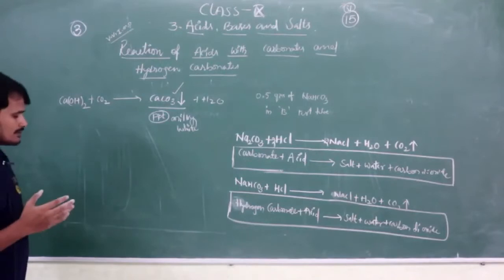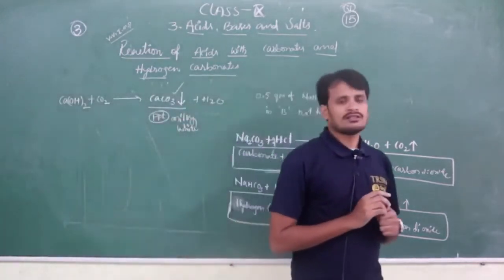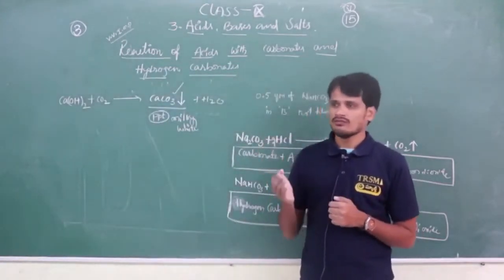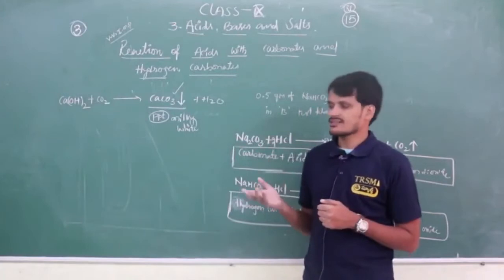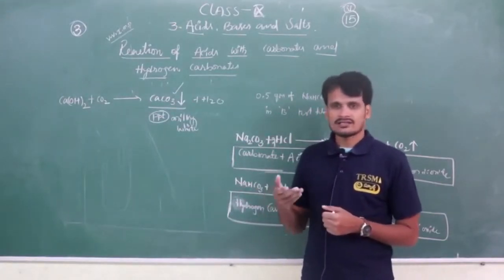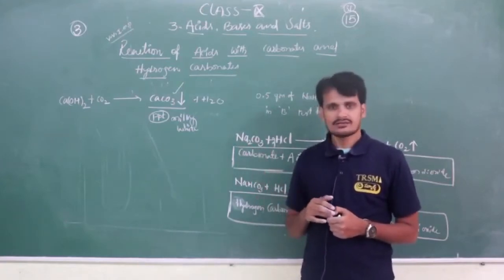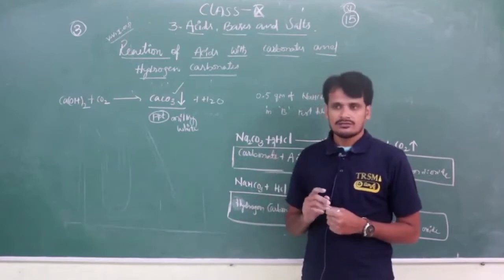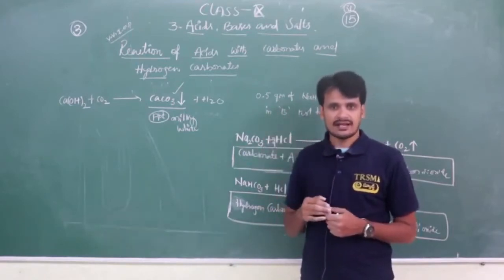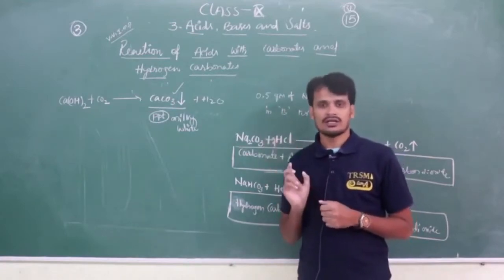Next, go to the next topic. I think that is the neutralization reaction. What do we mean by neutralization here? We've seen acids and bases reacting with different kinds of materials like carbonates or metals. So if acid and base react with each other, what happens? That reaction is called a neutralization reaction.